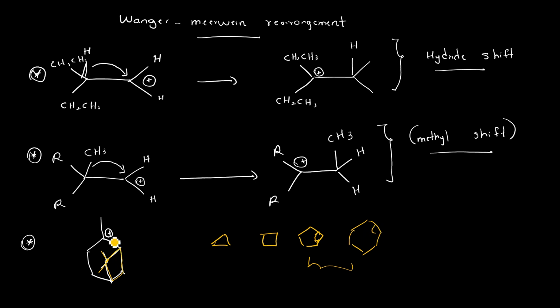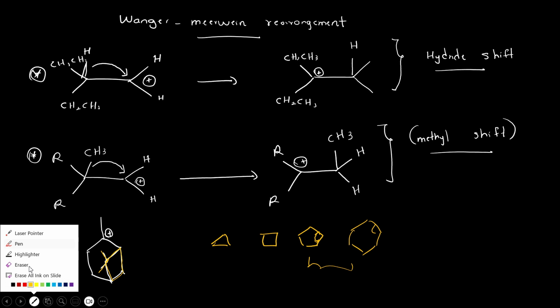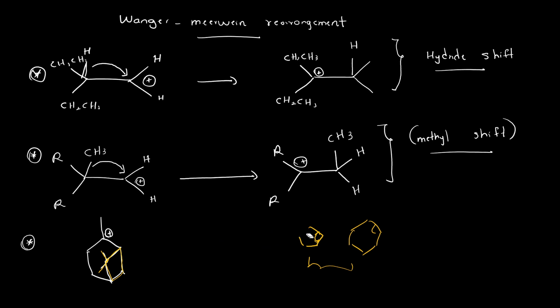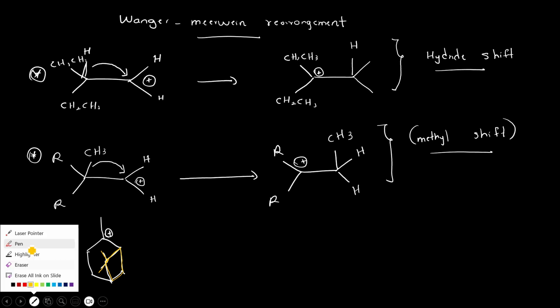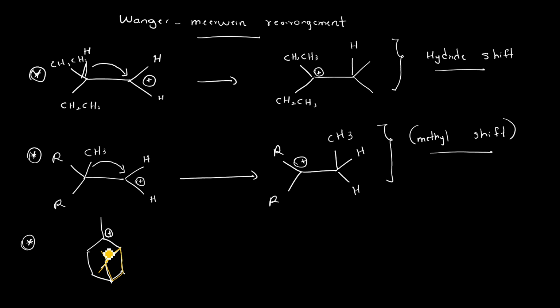In this case, there's a positive charge over here. You can see if a bond can be formed with this carbon, the ring strain will be less. So we can use a shift based on this ring strain. Now this one will be formed over here.